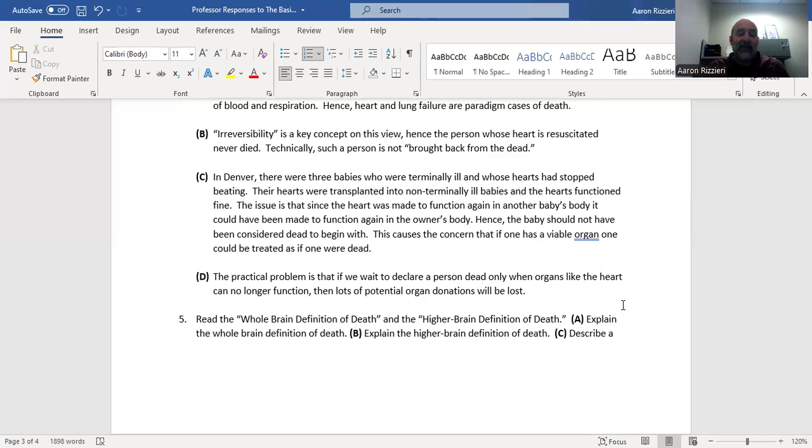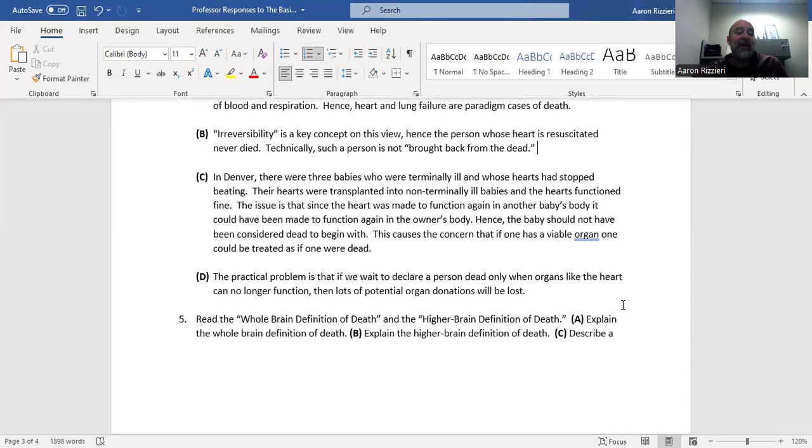So here's the controversy. This is what I wrote in C on the screen. In Denver, there were 3 babies who were terminally ill and whose hearts had stopped beating. Their hearts were transplanted into non-terminally ill babies, and the hearts functioned fine.